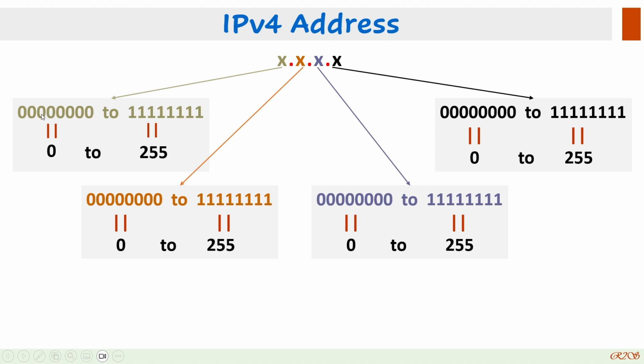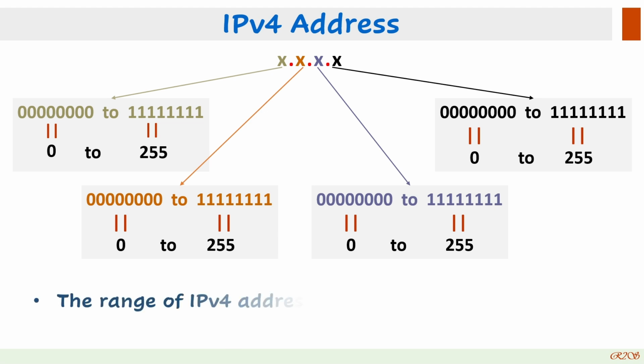So from all 8 bits 0 to all 8 bits 1, we can represent each octet as a decimal number from 0 to 255. The highest decimal number we can have in one octet of an IPv4 address is 255. So it could be any number between 0 and 255.